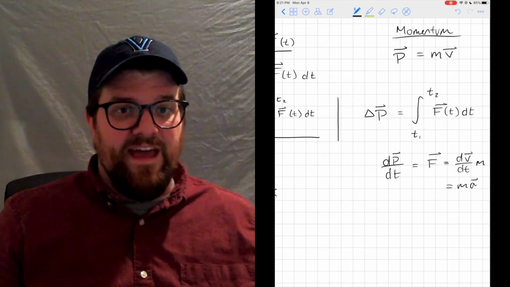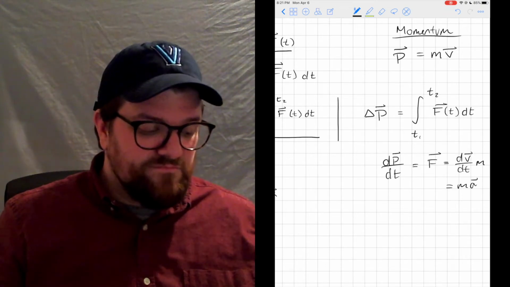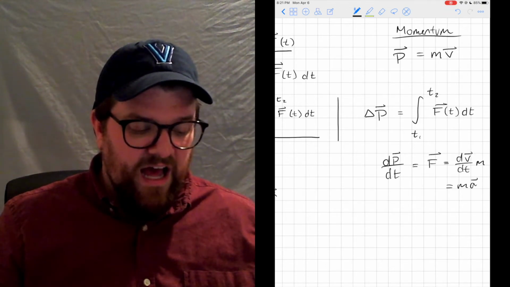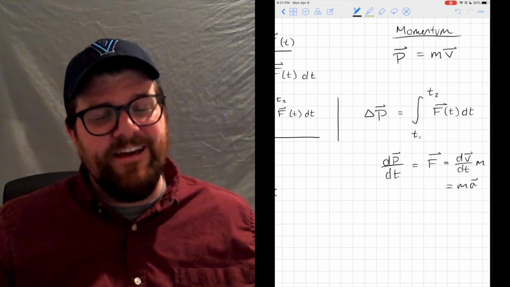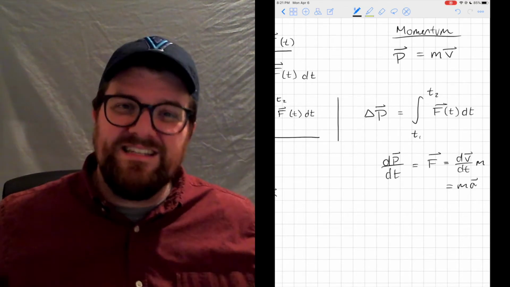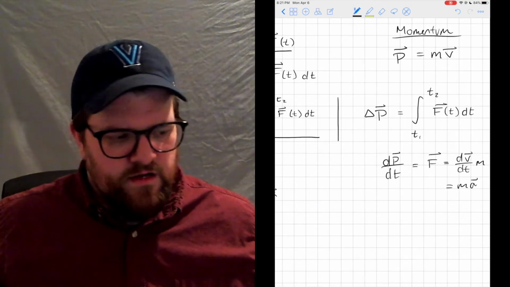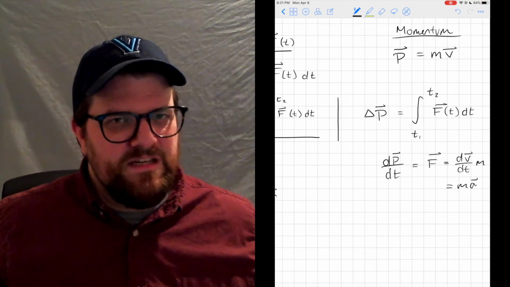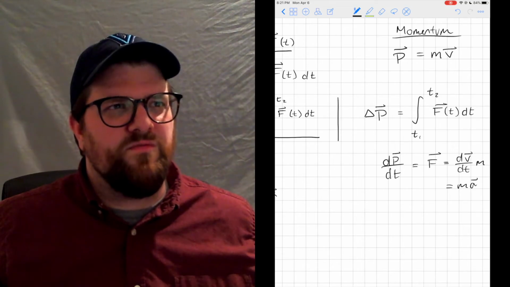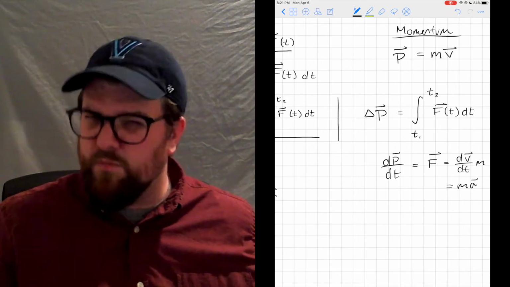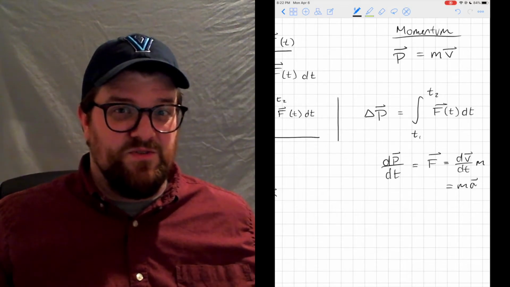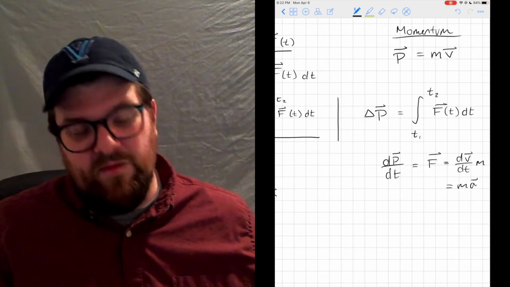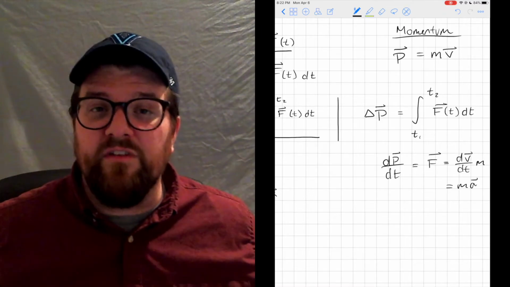It's actually not that heavy. So I would need to be moving that baseball really, really fast to have those momenta equal to one another. I would need to go about 3.5 times faster than the orbital speed of the Earth around the Sun for that baseball to equal the momentum of a car moving 25 miles per hour.